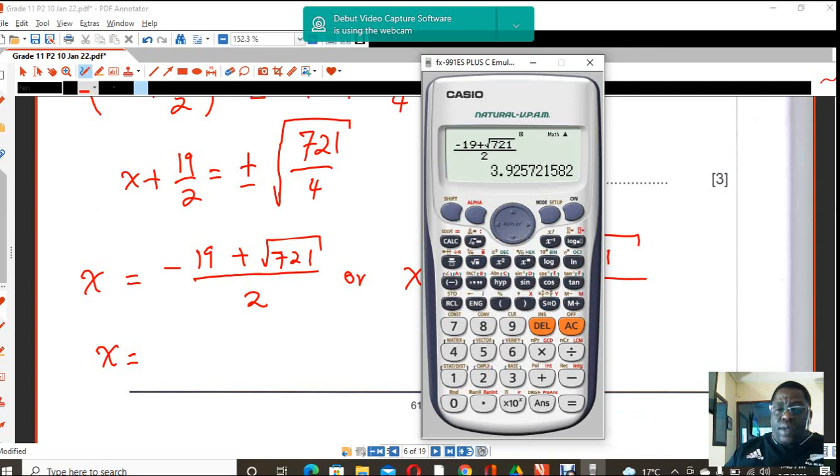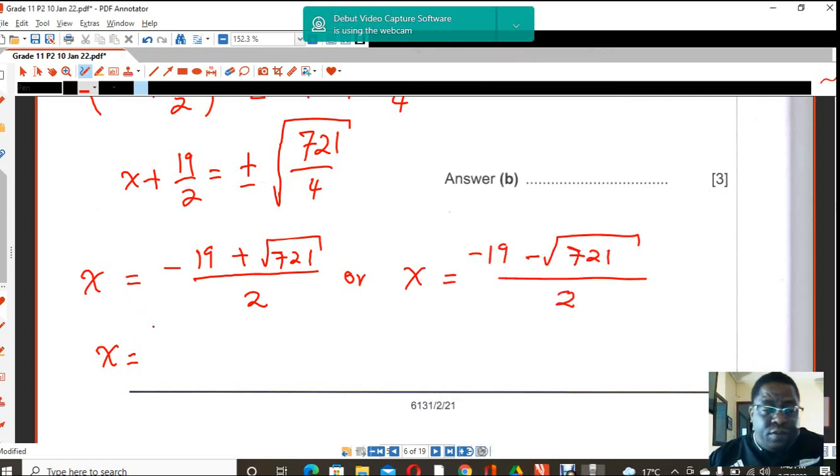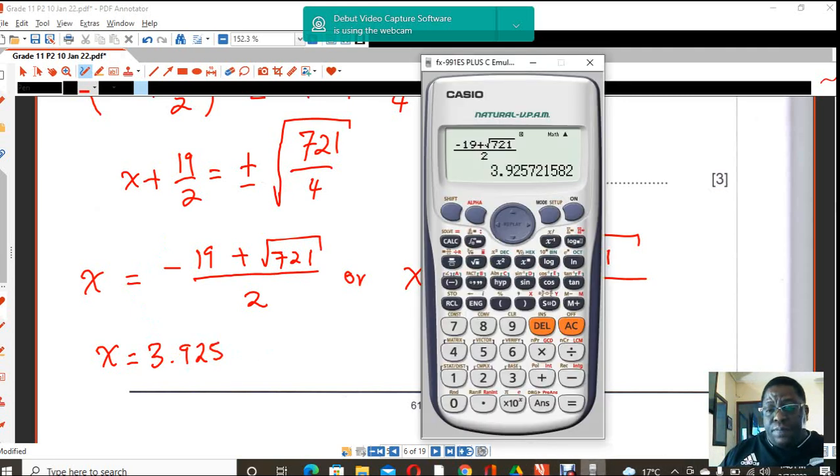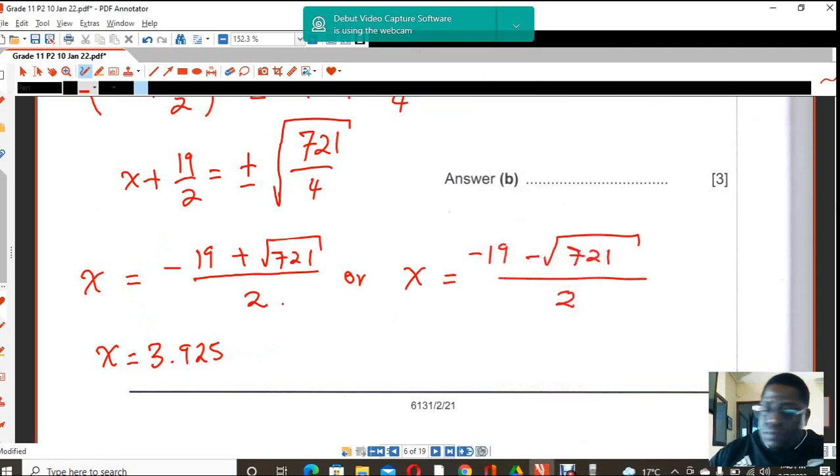That gives you one answer, 3.925. All right, maybe we can put more decimal places there. Or the other answer will be negative 22 point.